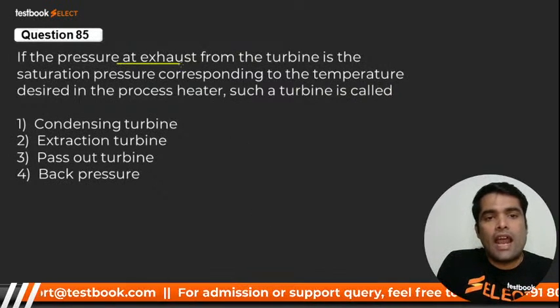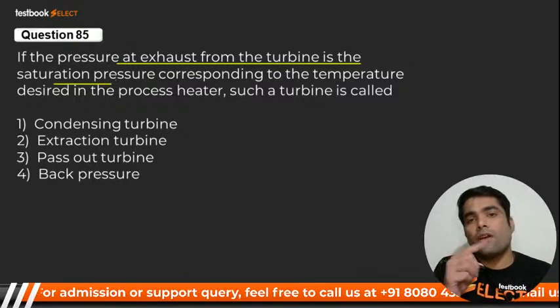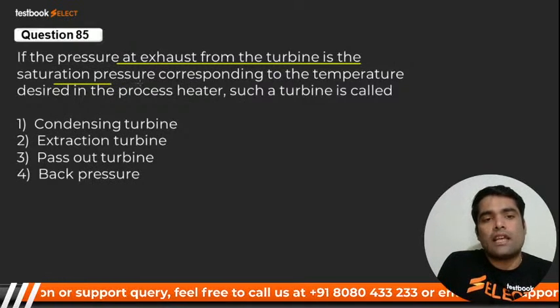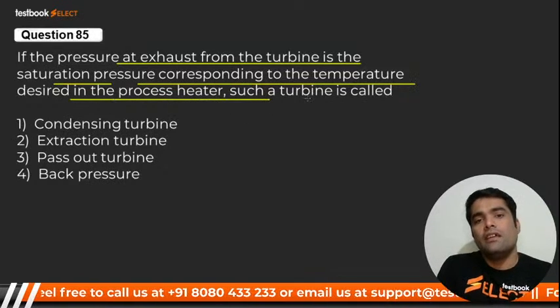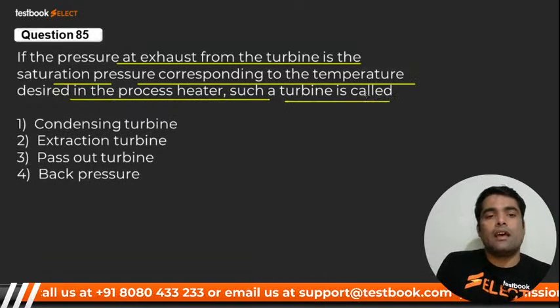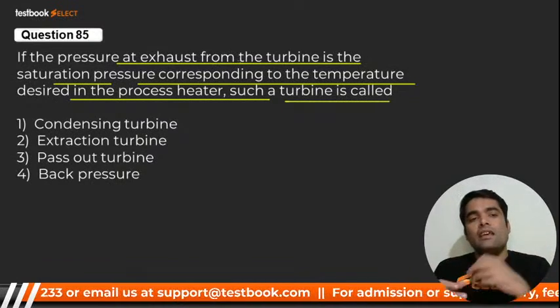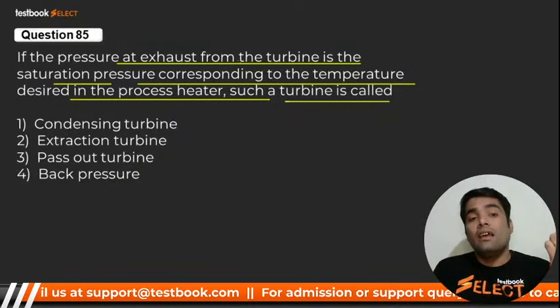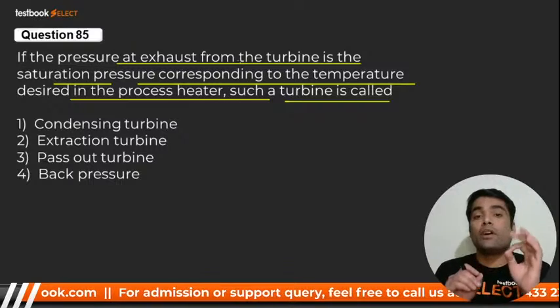If the pressure at exhaust from turbine is the saturation pressure corresponding to the temperature desired in process heater, such a turbine is called, my dear? I'll repeat once again. The pressure at exhaust from turbine is the saturation pressure corresponding to the temperature desired in the process heater.